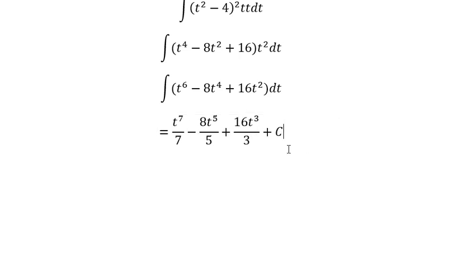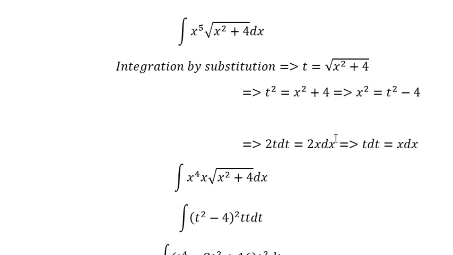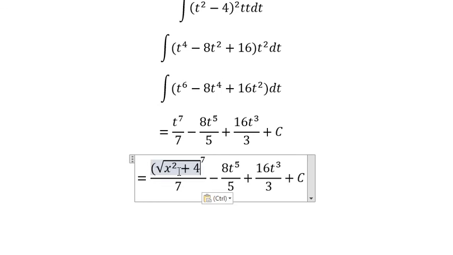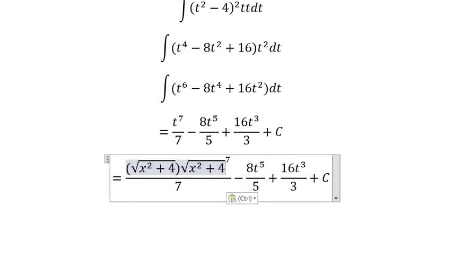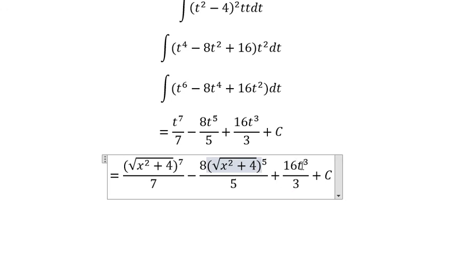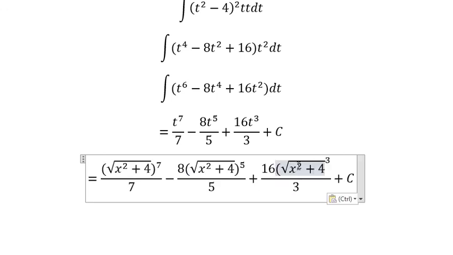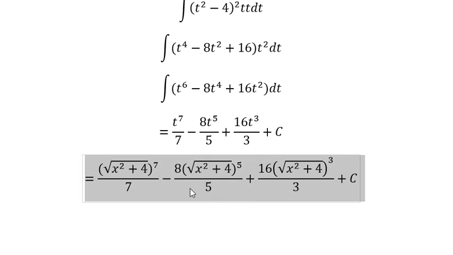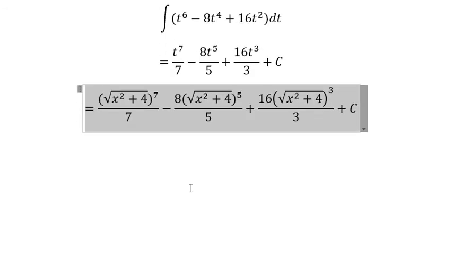And we have capital C. We change t back to the square root of x squared plus 4. And here is the final answer. That's the end.